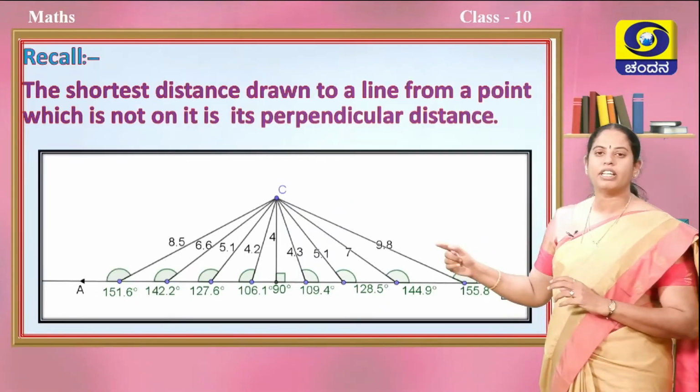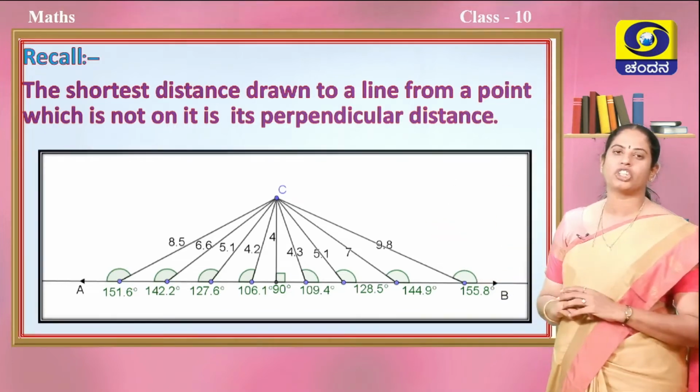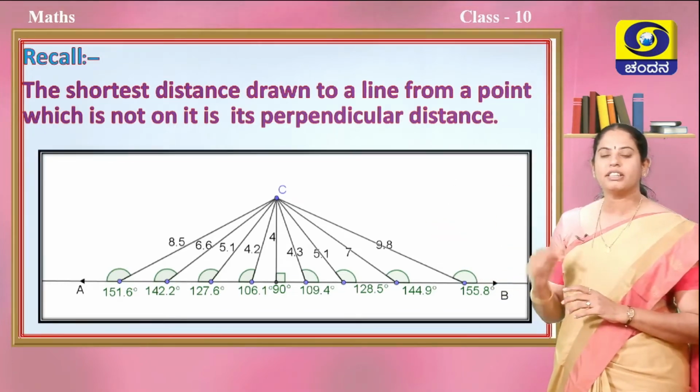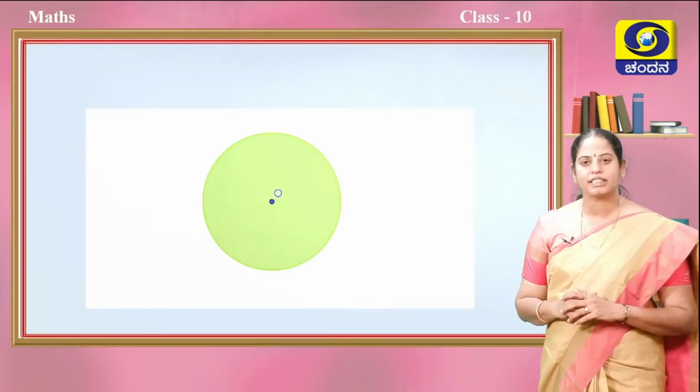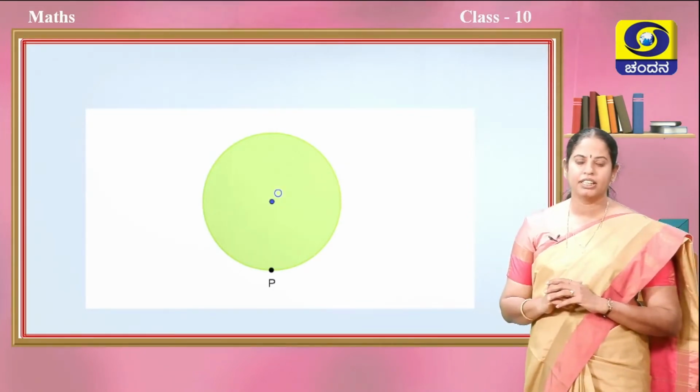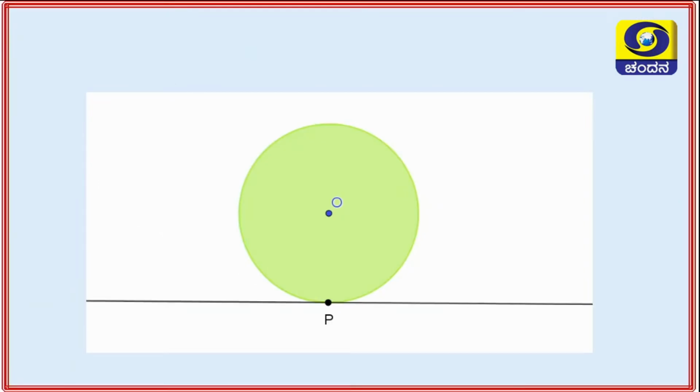In the same way, we will observe this shortest distance in the circle. Observe, O is the center of the circle, P is the point on the circumference of the circle. Now I am drawing a line y1 y through P. OP is the radius.